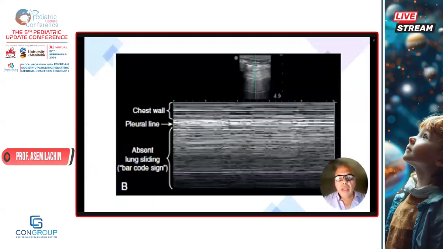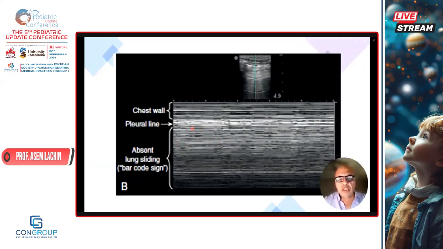However, in the pneumothorax, again, this is the chest wall above the pleura, and the white horizontal hyperechoic line is the pleural line. And here we can see absent lung sliding, giving us the picture of the barcode. Keep in mind the previous slide, which shows the sandy dots of the movable tissue of the lung.